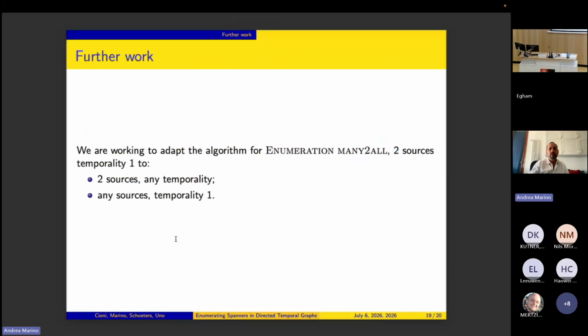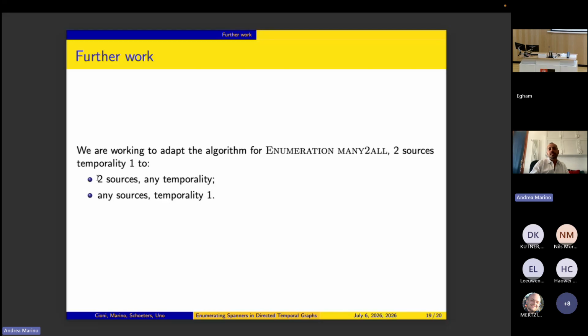And now what we are doing is adapting the algorithm for enumerating many tools: 2 sources, any temporality, and any sources, temporality 1. So I showed you a very specific setting, 2 and 1, and we think it can be done because you still have the total order between the edges because of this temporality 1.